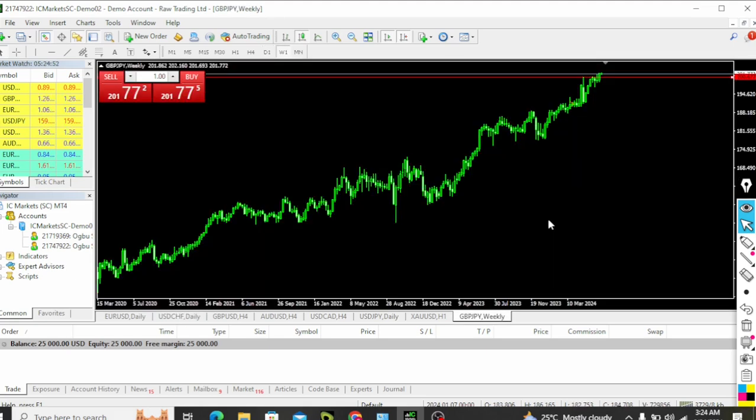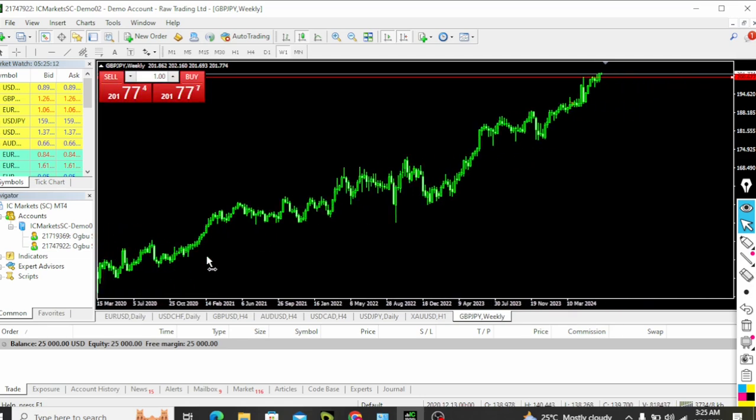Moving on, we are on GBPJPY, and this is the weekly chart. As you can see, for a long time now, GBPJPY has been on a very progressive bull run. Check all the way from here.